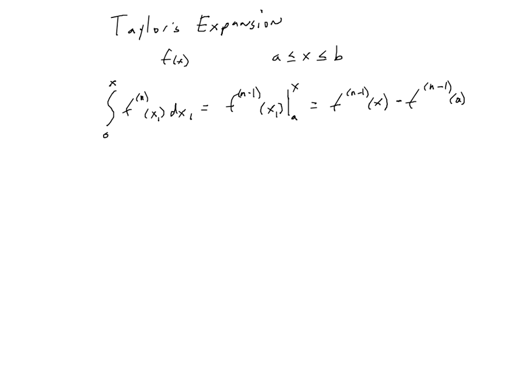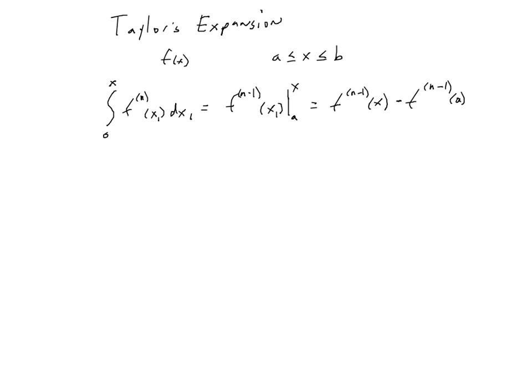Okay. So this is going to be a constant, effectively, because it's at a constant point. And this term right here is going to be a dynamic variable. It's going to depend on x.